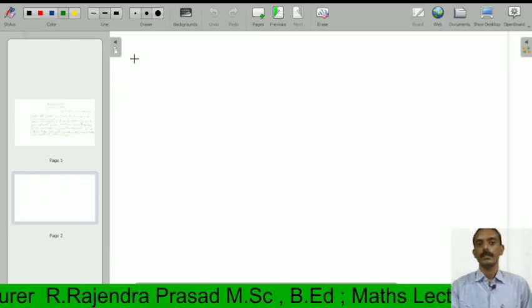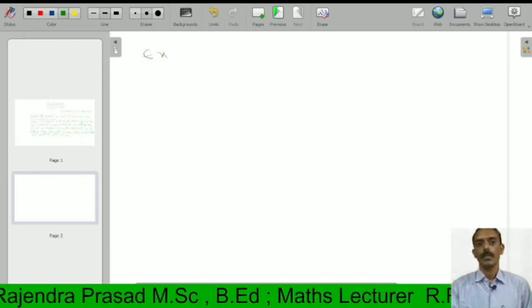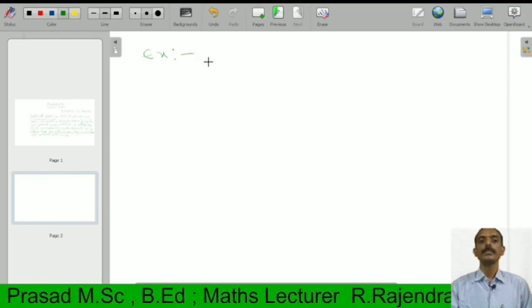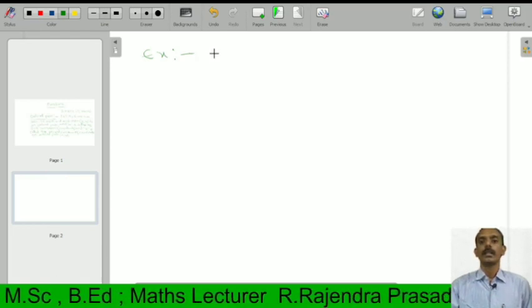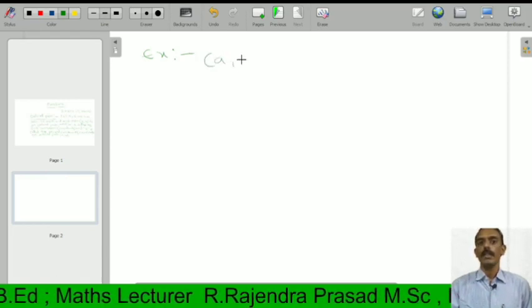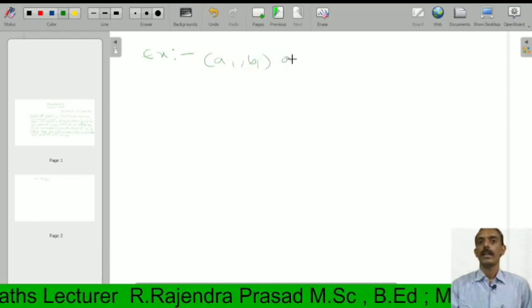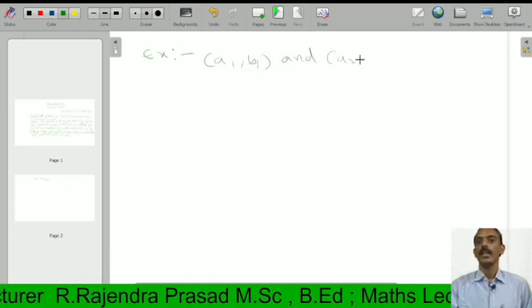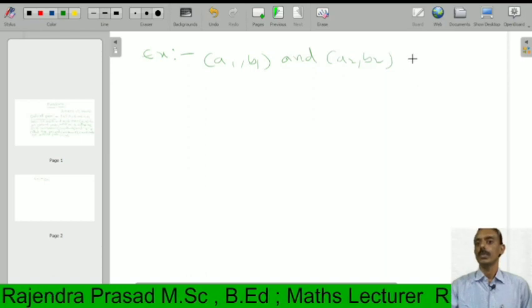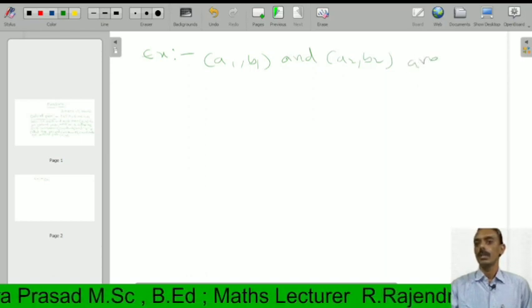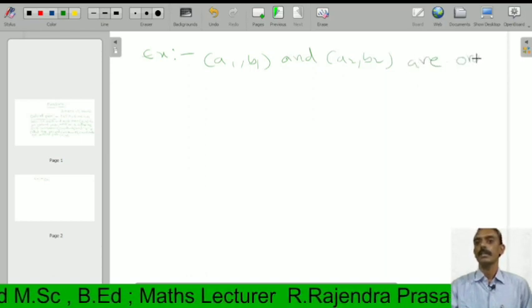For example, (a1, b1) and (a2, b2) are ordered pairs.